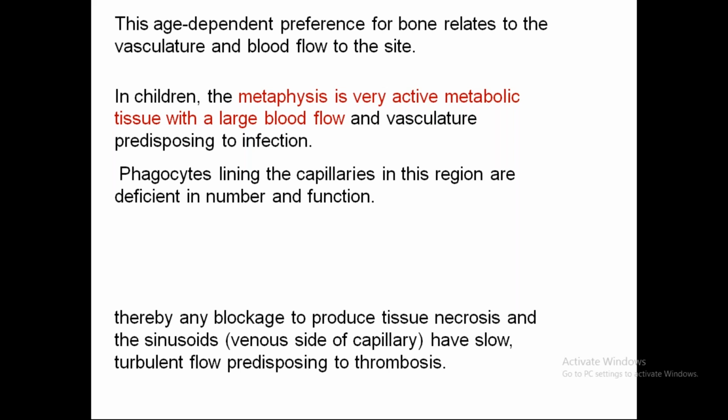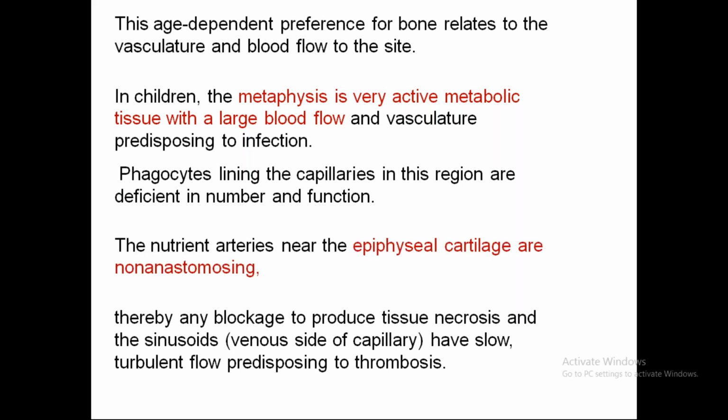Both the predisposition to infection as well as the healing nature increase with the increase in blood supply. Phagocytic cells lining the capillaries in the region are deficient in number and function, so it is more prone to infection. The nutrient arteries near the epiphyseal cartilage are non-anastomosing, so it is less preferred.